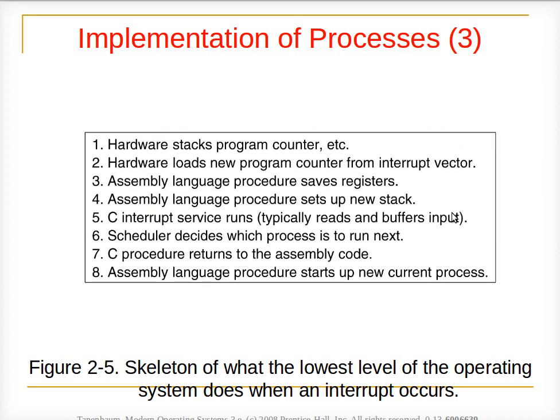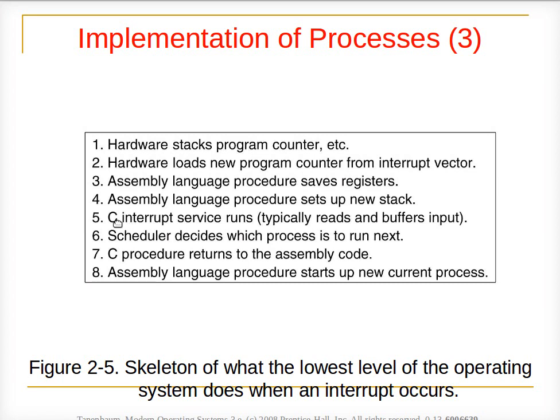So from a higher level of the process implementation, we have the hardware stack program, we have the load of the counter and interrupt vector, assembly language procedures, saving registers. So this is necessary for the context switch of the different processes.